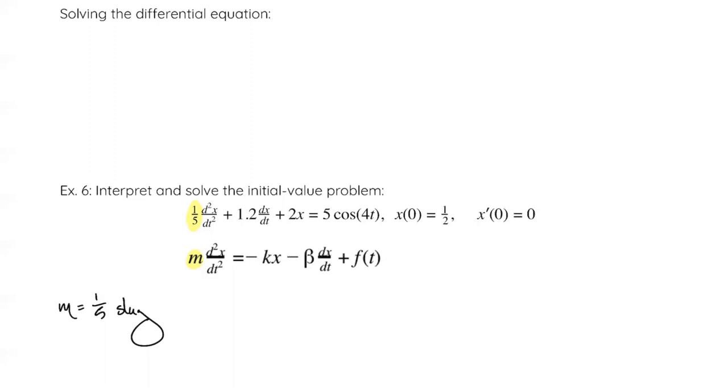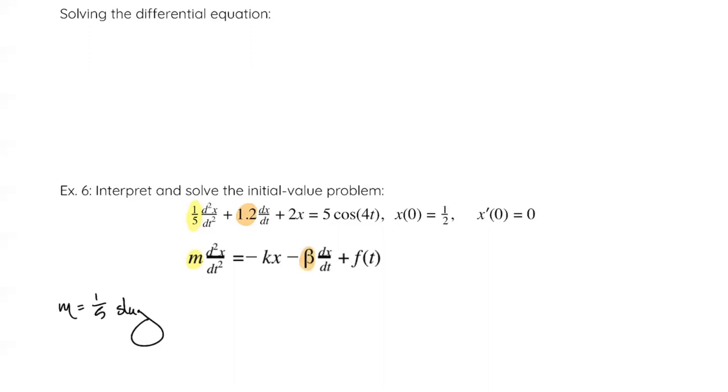Now, I'm wondering what this 1.2 stands for. Based on the equation, can anyone tell me what this 1.2 stands for? It's beta. Yeah, that's going to be our beta. And it's a plus because it was on the other side and we just added it to the left-hand side.